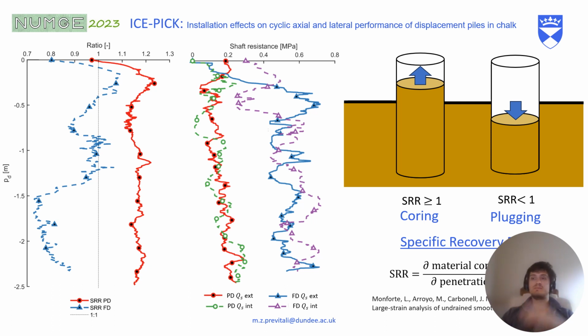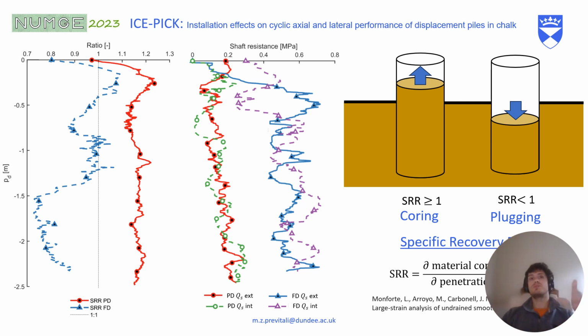So if we define the specific recovery ratio as the increment in material inside the pile to the increment of penetration depth of the pile, you can have two conditions, coring and plugging.